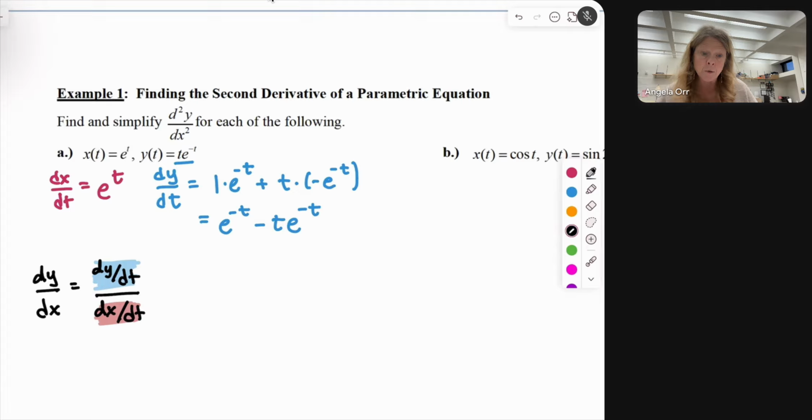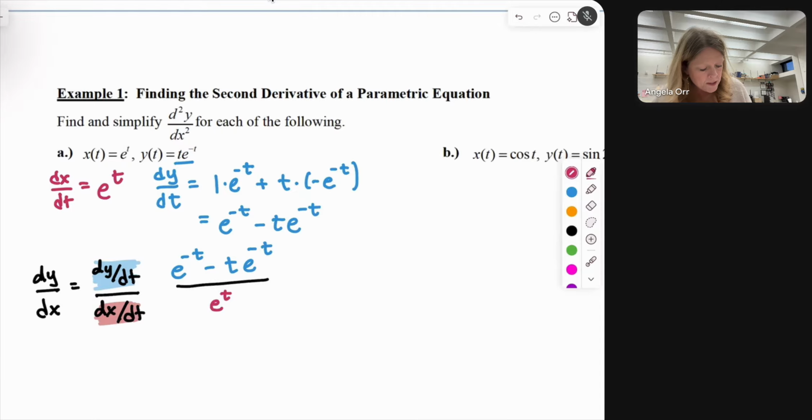So let's go ahead and do that. So dy/dt is e^(-t) minus t e^(-t), divided by, now the derivative of x with respect to time is e^t.